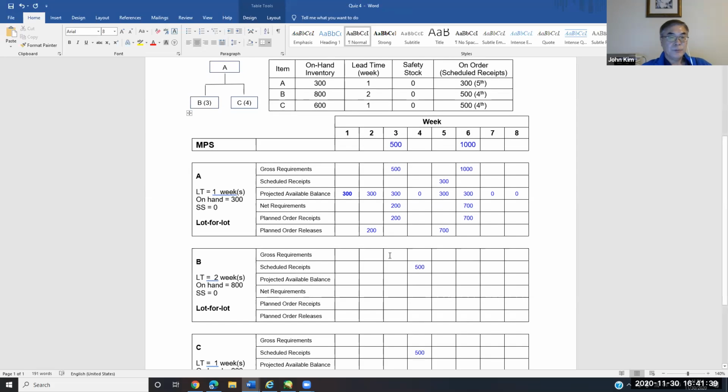Okay, here B is directly connected to A. To make 1 A, 3 B needed, and then 4 C needed. So 200 times 3 is 600. 700 times 3 equals 2,100.